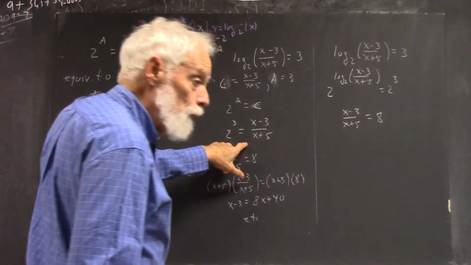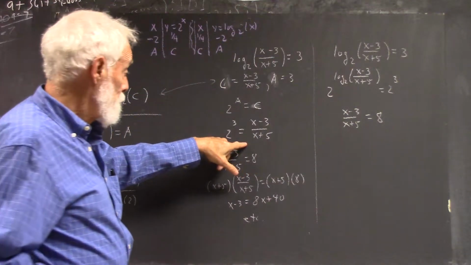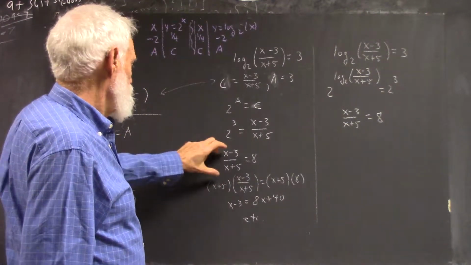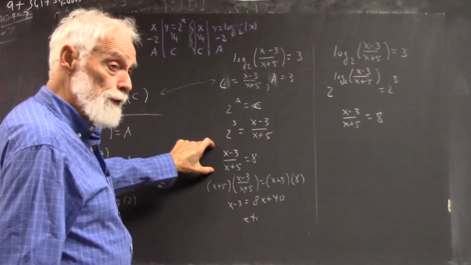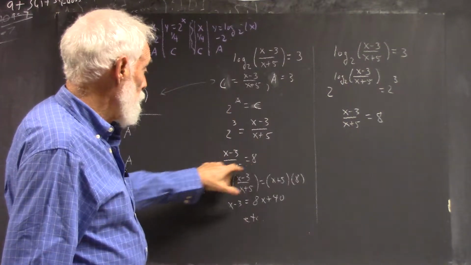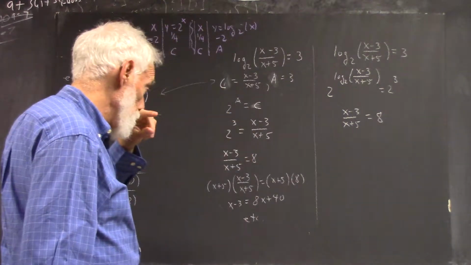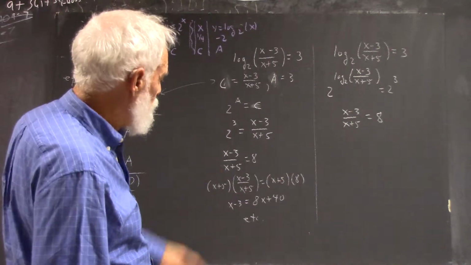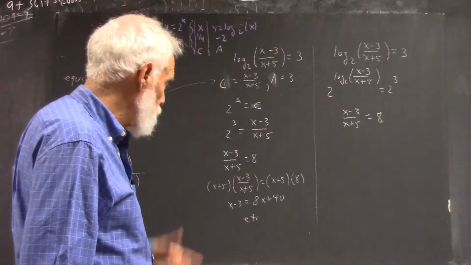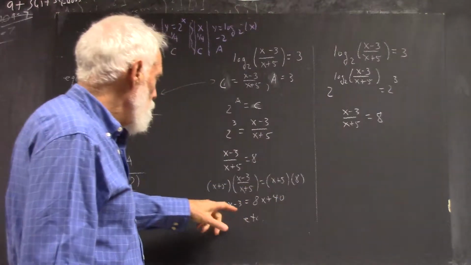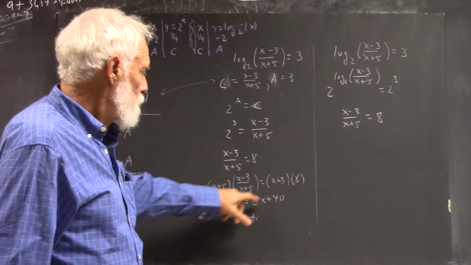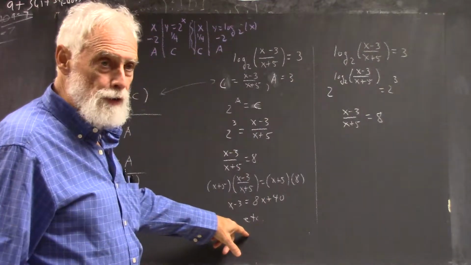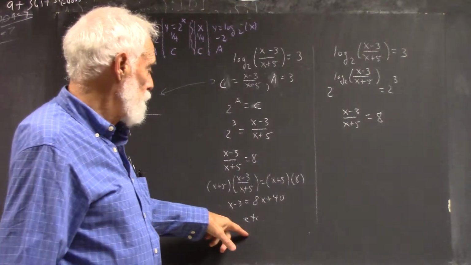Now, in this form, it's easy to solve this equation. We can find our value of x. We simply, first, let's just reverse sides here, so the x's are on the left. 2 to the third is 8, so this is clearly the same as this equation. We multiply both sides of this equation by x plus 5, and you shouldn't skip steps when you simplify this, but we end up with x minus 3 equals 8 times the quantity x plus 5, which is 8x plus 40, etc. And then we can solve the equation easily from this point.